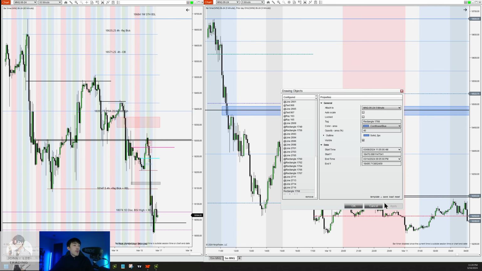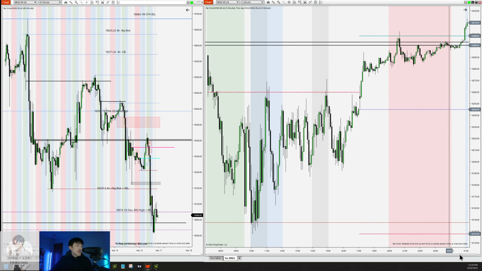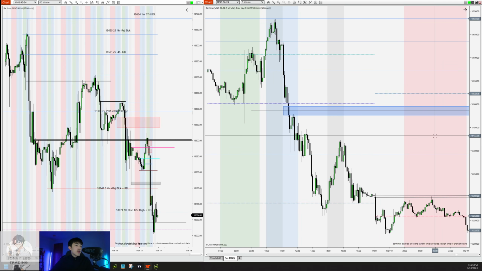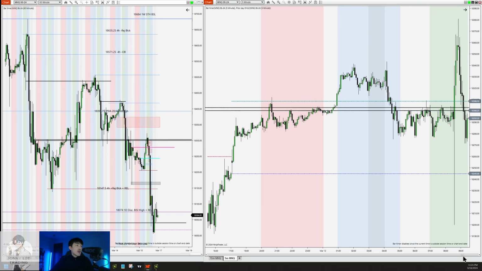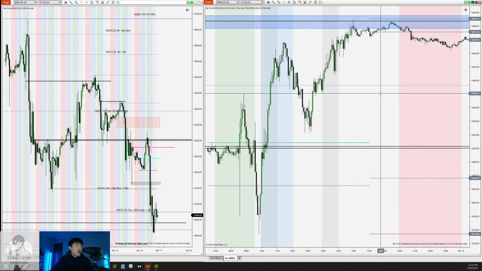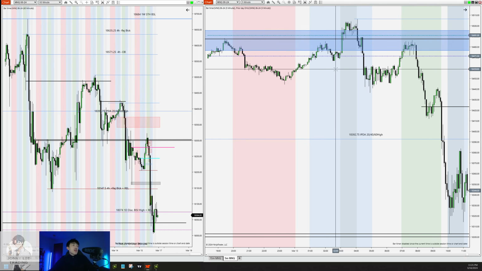And let's go back to present day, the 13th, over a little bit further. There we go. So here we are back on the 12th. Here's the 13th. So we see price head up into this previous fair value gap.